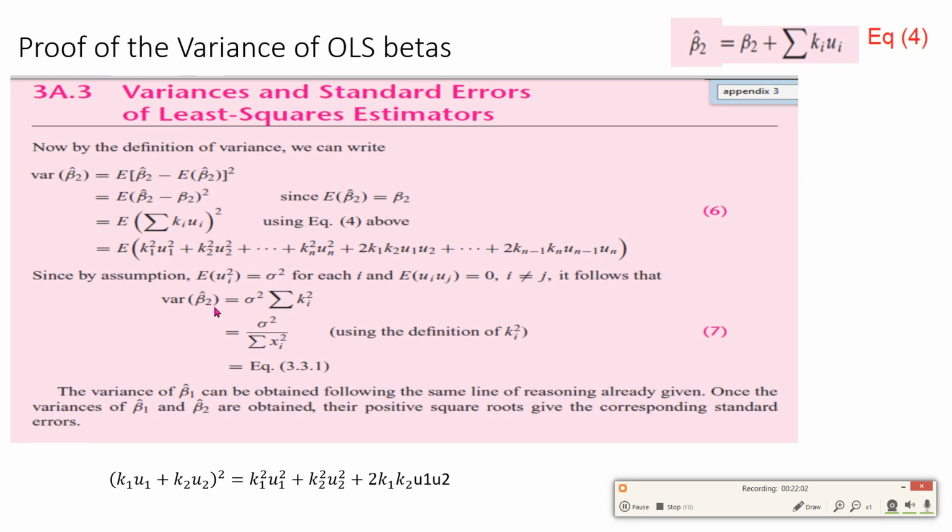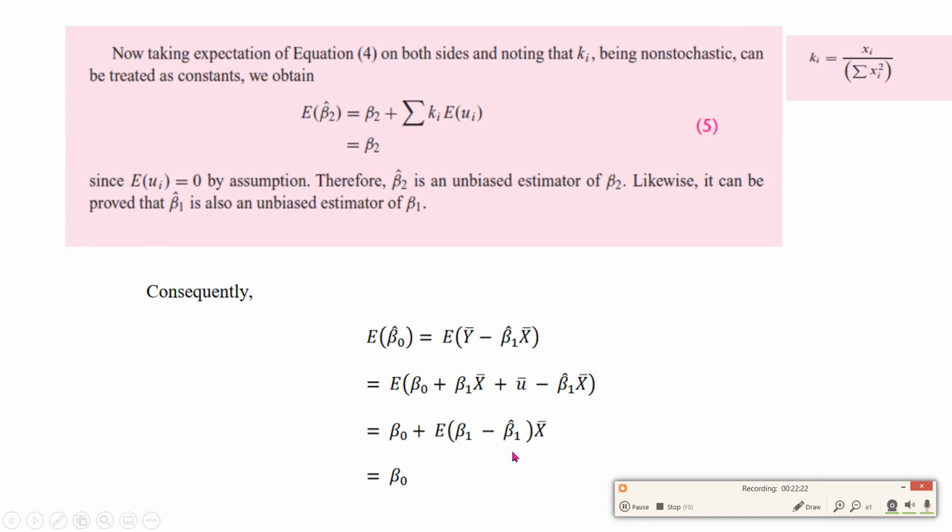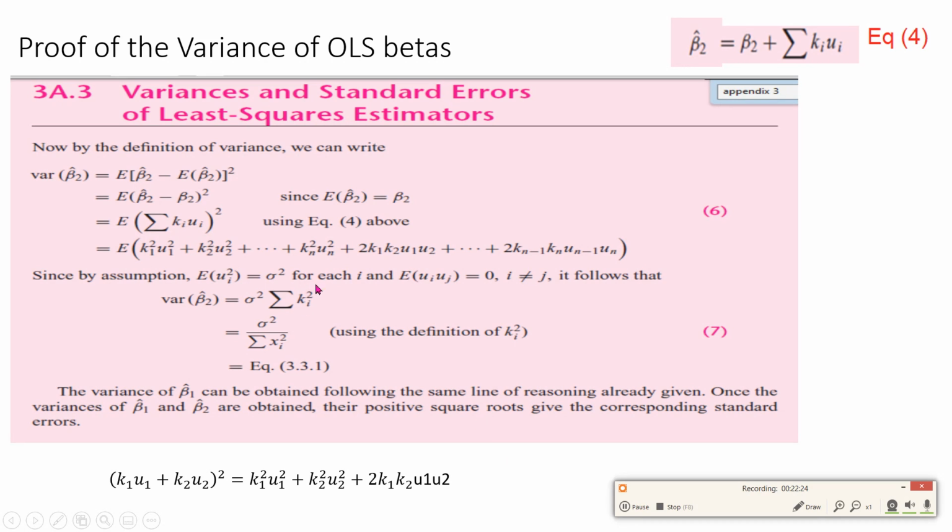So the variance of beta 2 hat reduces to this equation. Now let me refer back to a previous slide. The sum of ki square, according to the third property, is equal to 1 over the sum of xi square. We are using this third property here, so the variance of beta 2 hat becomes this expression.